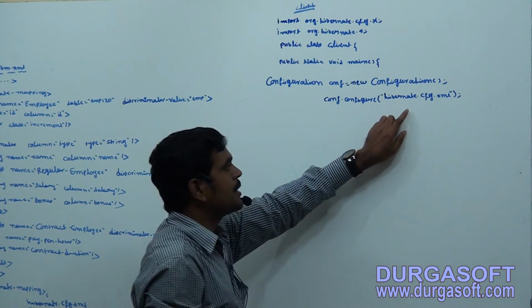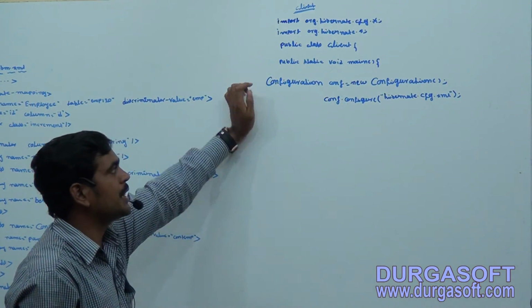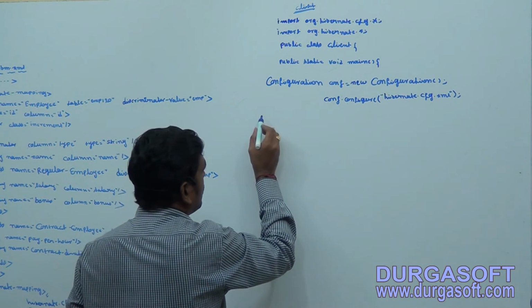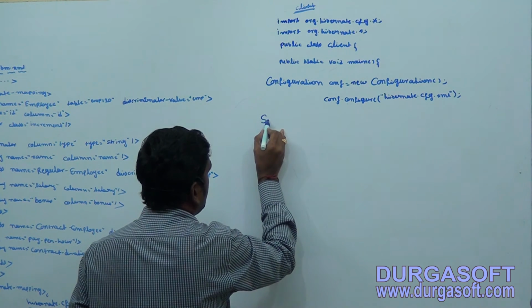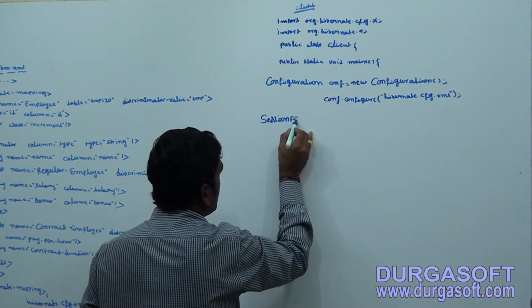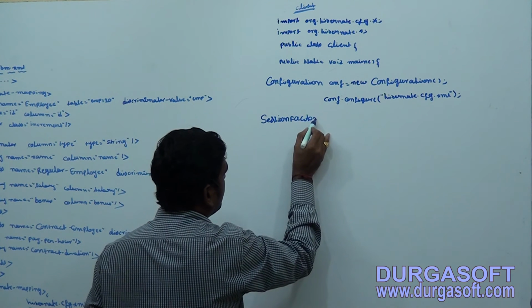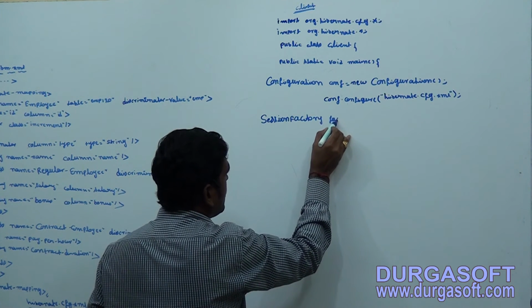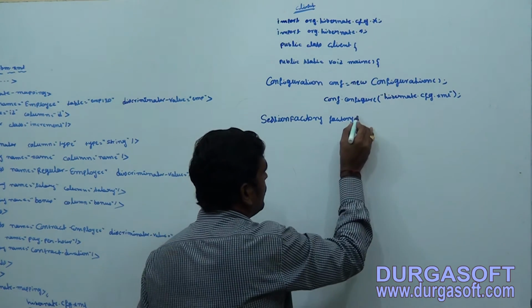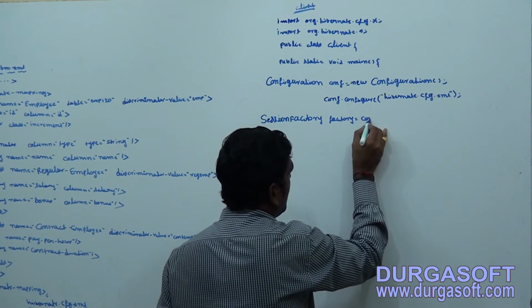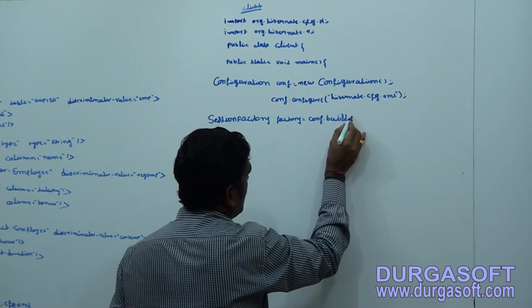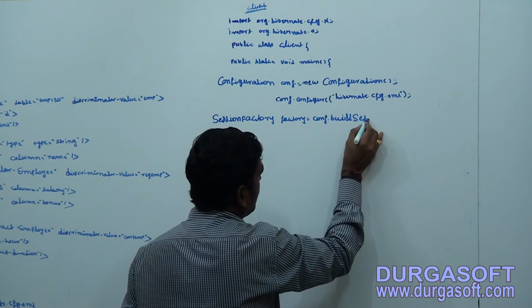Then next, we can get the high level object, that is SessionFactory factory is equal to conf.buildSessionFactory.